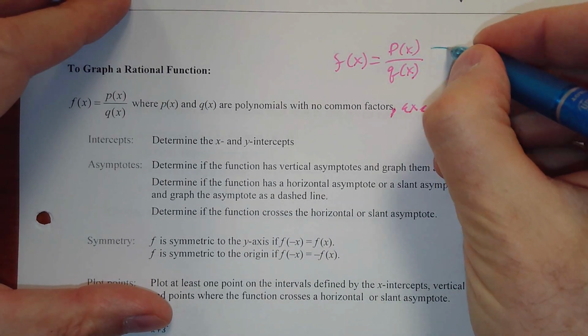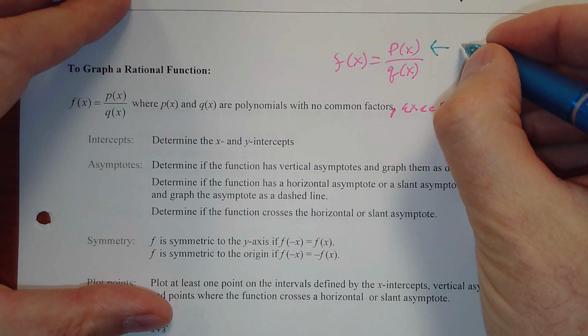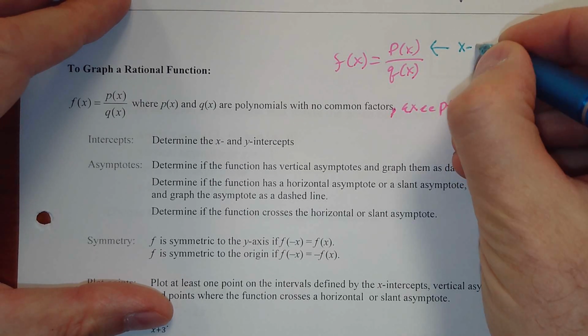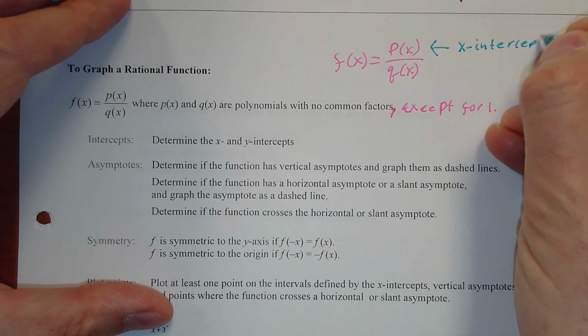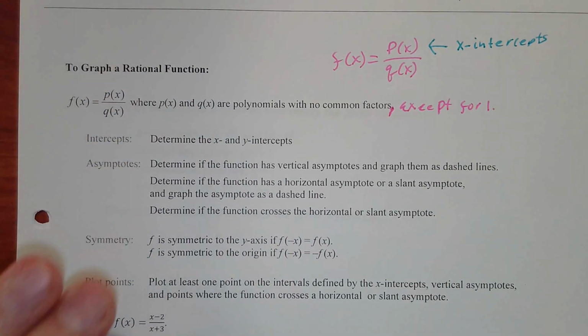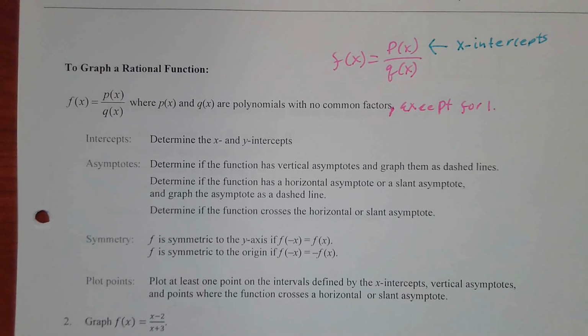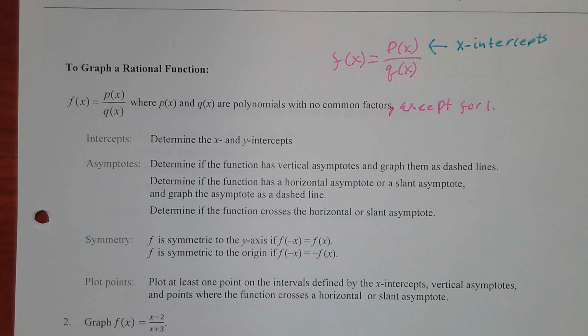The numerator is going to give you the x-intercepts. So the x-intercepts are going to come from the numerator. So if you have a factor of x plus 3 in your numerator, then its x-intercept is going to be negative 3 comma 0.